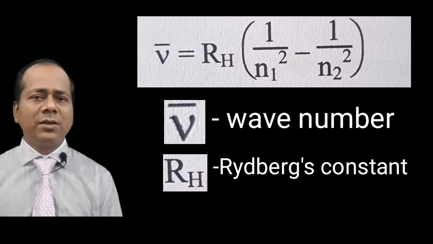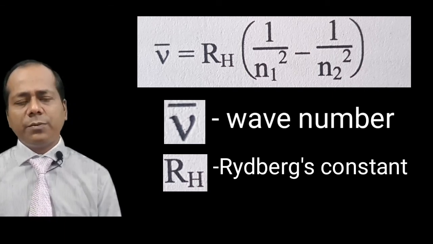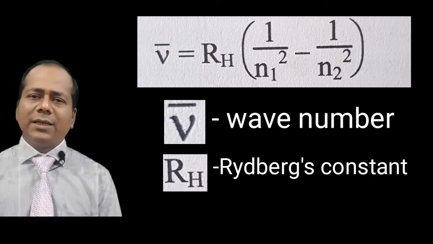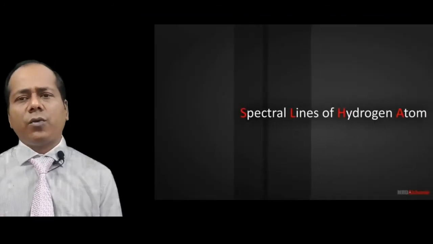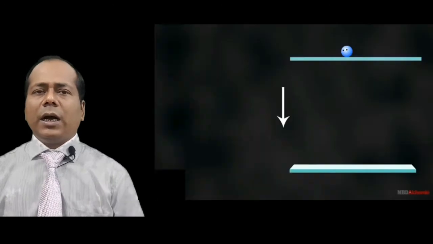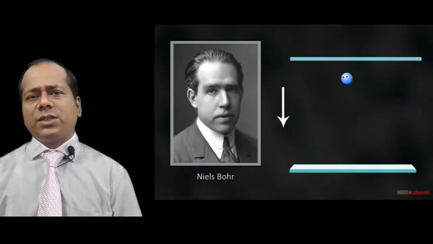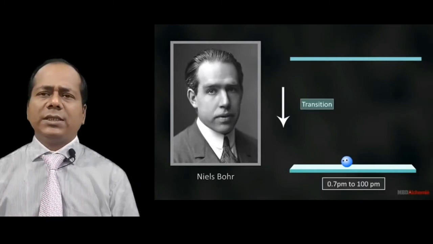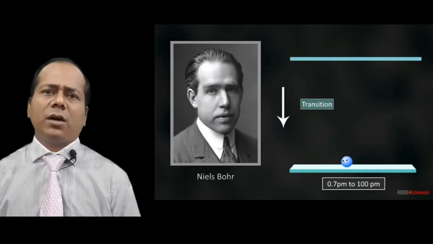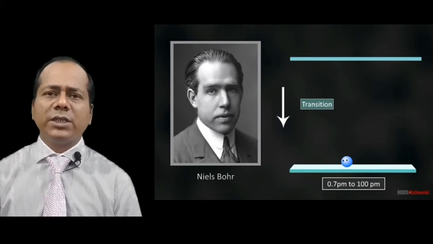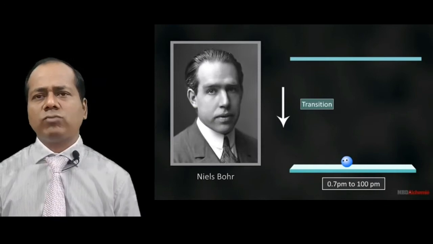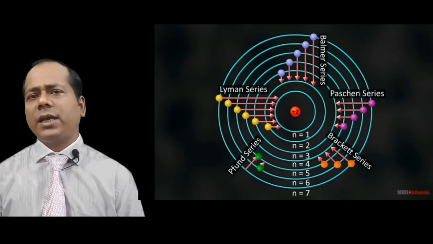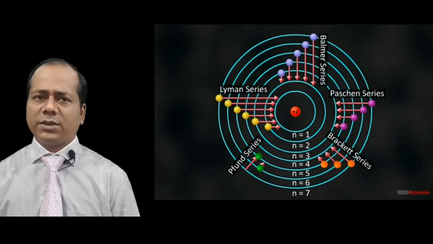In this equation, RH equal to Rydberg constant and n1 equal to 2 and n2 equal to 3, 4, 5, 6, etc. After Balmer, other scientists discovered 5 more series of spectral lines in the whole atomic spectra of hydrogen using higher resolution spectroscope. These scientists obtained these spectra by exciting the electrons at different energy levels.